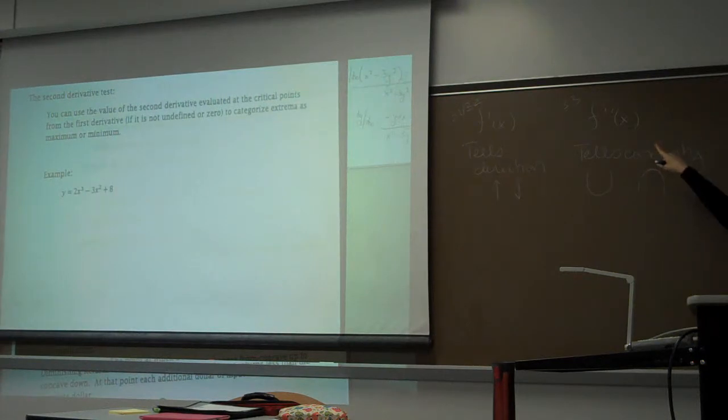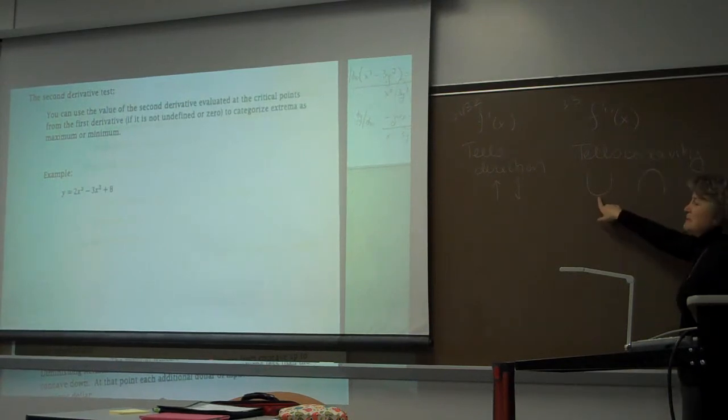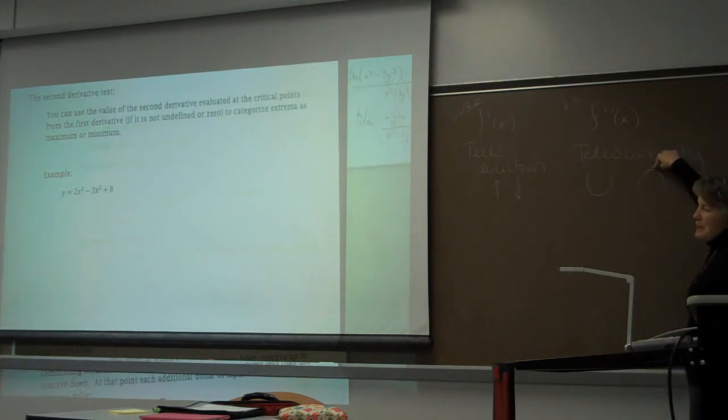If the second derivative comes out 0, it doesn't tell you anything. But if your critical value makes it positive, then you had a minimum. And if the critical value makes it negative, you had a maximum. So it's a real shortcut for relative extrema.